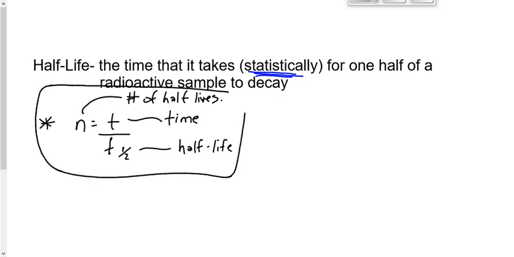Now the other equation that does appear on your data sheet is one that some of you are probably familiar with already. How many people have seen that one in math class? Exponential growth and decay. This would be decay, right? How would you make it exponential growth? Like if you're talking about compound interest.